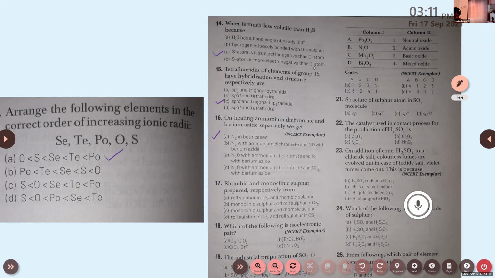The first is about the preparation of rhombic and the second monoclinic sulfur. It is from page number 192, preparation of rhombic and monoclinic sulfur.